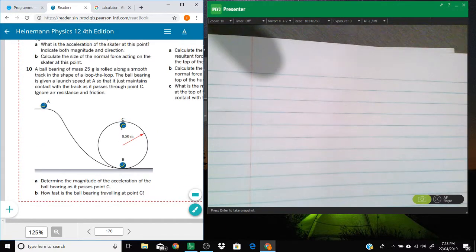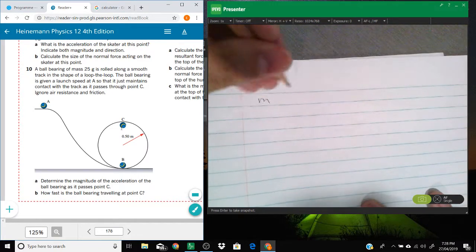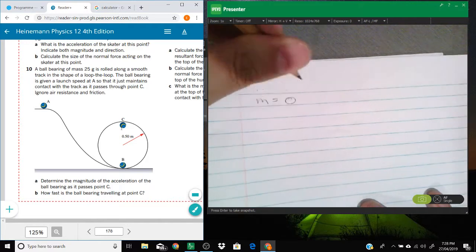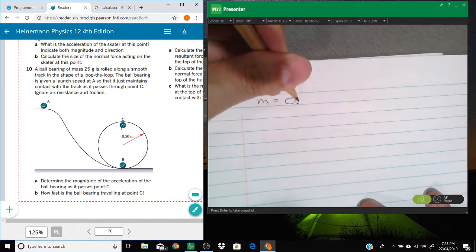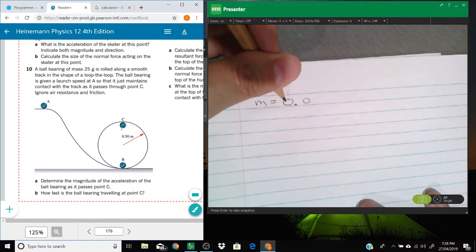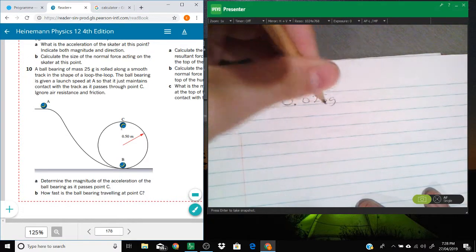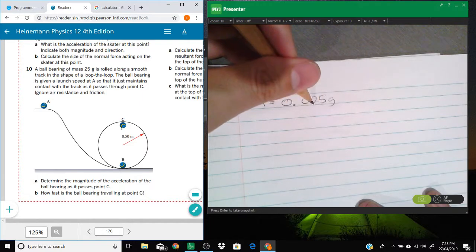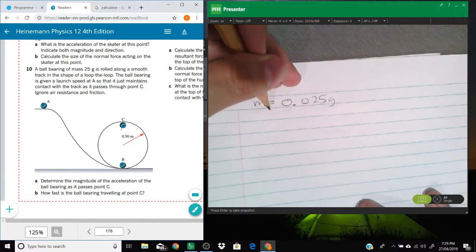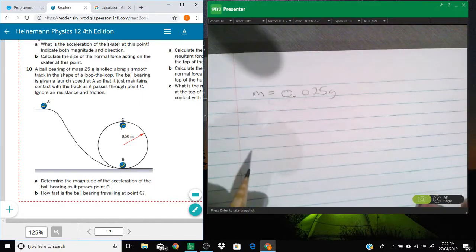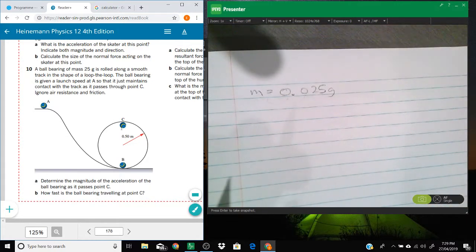A ball bearing of mass 25 grams. So let's fix some stuff up. Mass equals 25 divided by 1,000. I moved it up 1, 2, 3. Yes, that'll be correct. You always check with your calculator. I'm not going to.